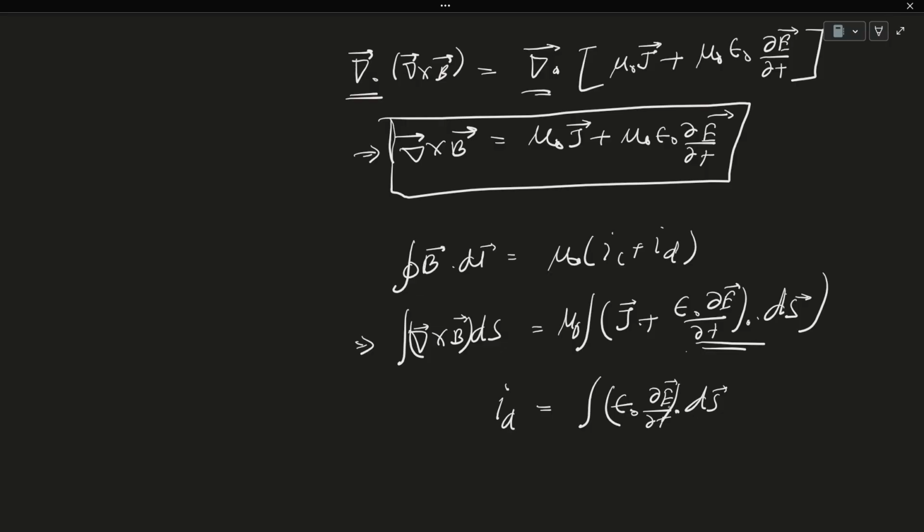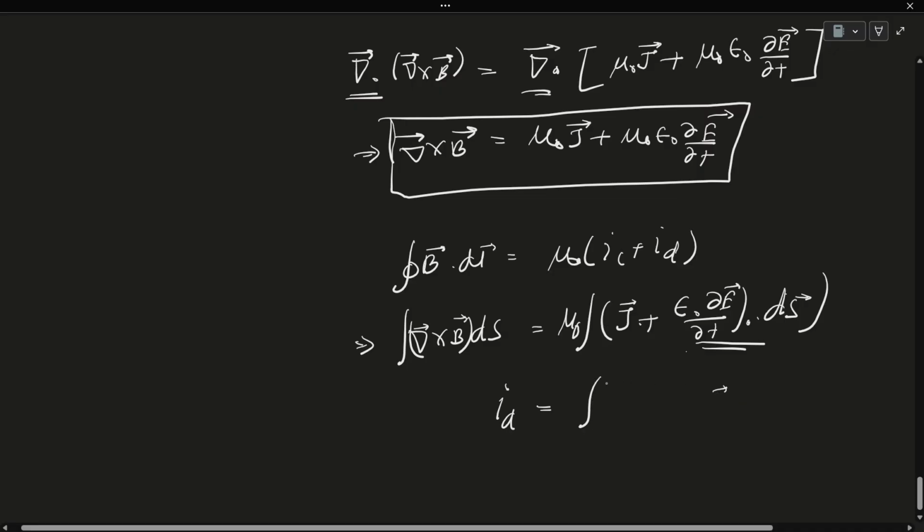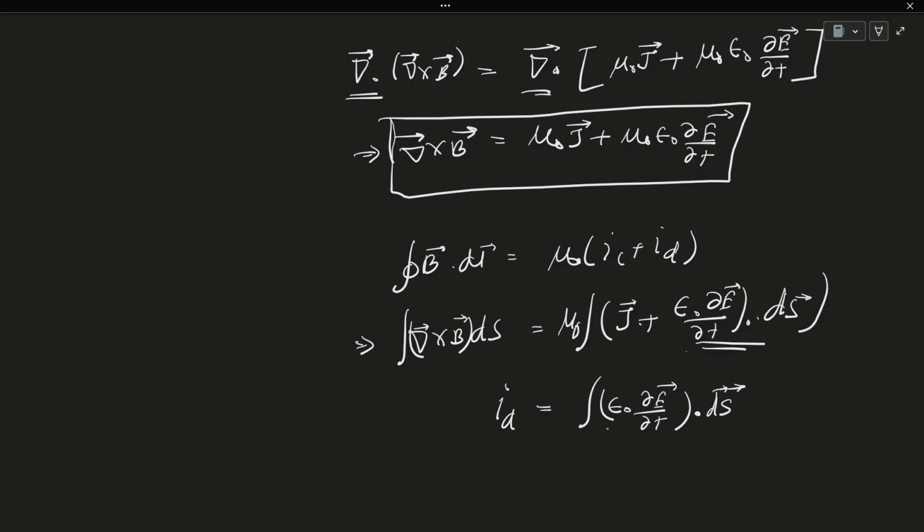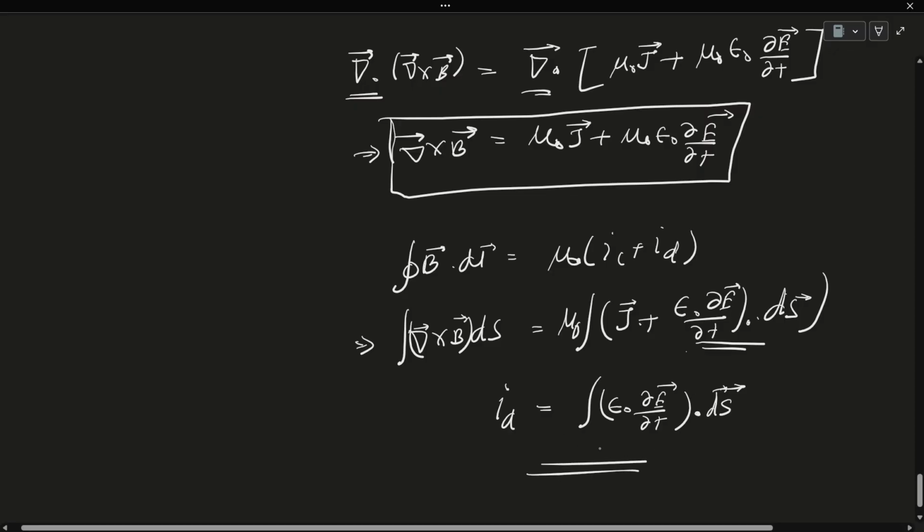So this is the Id term. Let me write it down again, that's not clear. So from here we got the Id term, and we can write down Id as this. So this is Maxwell's corrected Ampere's circuital law.